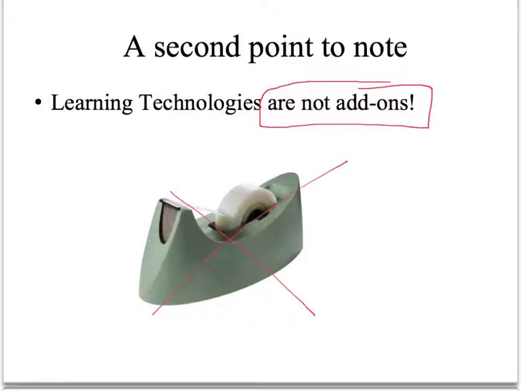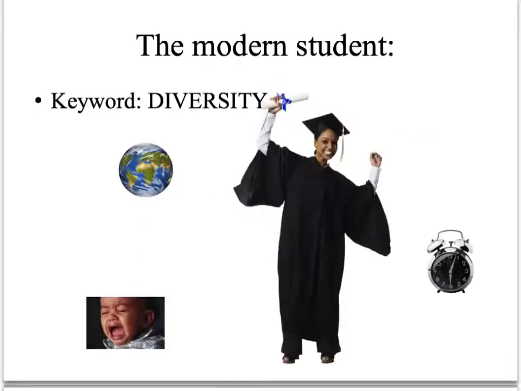So, what can learning technologies do then? Well, a good point to start is with the student. Consider the modern student body and the context of higher education today. A key word to consider is diversity. Diversity of cultural background, differing language skills, neurodiversity, diverse responsibilities such as children or other relatives to care for, time commitments because students are working part-time, and the distance that they live from campus and so on.